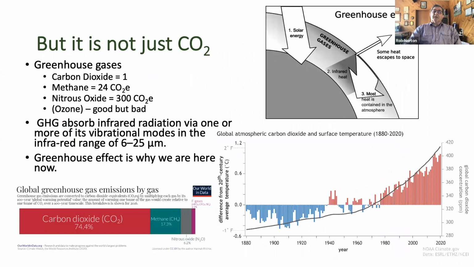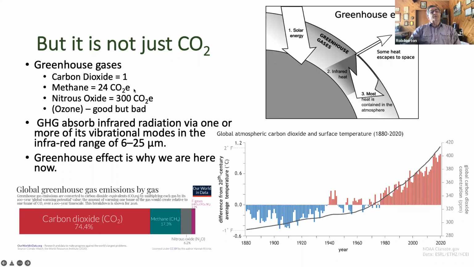As I mentioned, it's not just carbon dioxide. Carbon dioxide is one of a whole raft of greenhouse gases, and we talk about them in terms of their global warming potential. Carbon dioxide, because it's the largest one, is given as one.